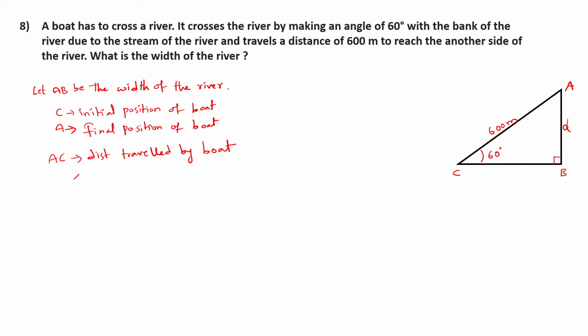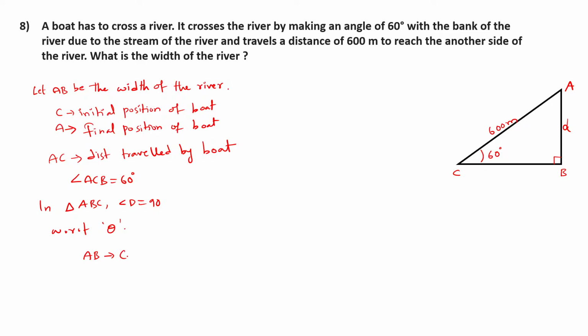Okay. And angle ACB is given as 60 degrees. So, in triangle ABC, angle B is equal to 90 degrees. Now, with respect to acute angle theta, AB will be the opposite side.